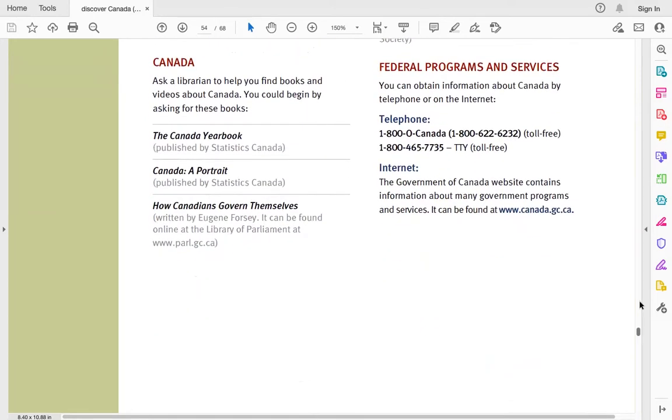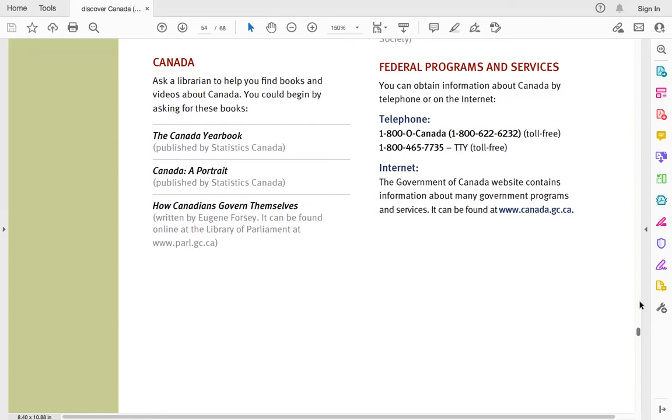For more information about federal programs and services, you can obtain information about Canada by telephone or on the internet. By telephone, call toll-free 1-800-O-CANADA, 1-800-622-6232, or 1-800-465-7735 TTY.